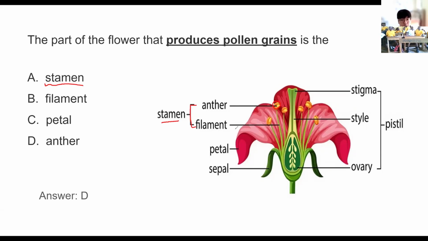So as a system, it produces pollen, but specifically what produces pollen grains itself is the anther. Do you see these tiny yellow buds, sort of, in the flowers? Those are called the anther, and they produce the pollen grains. Yeah. Okay.